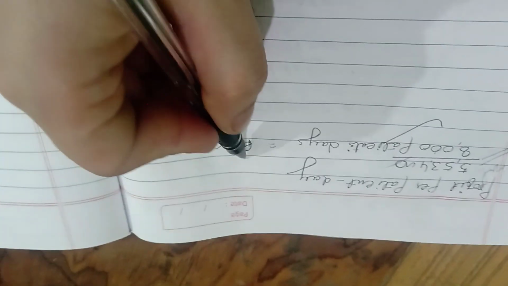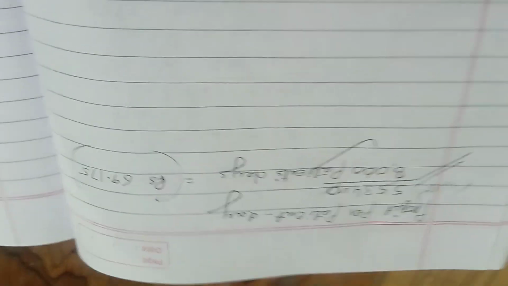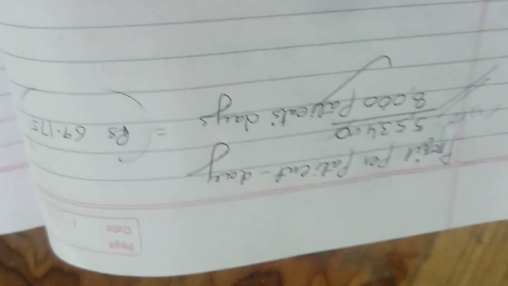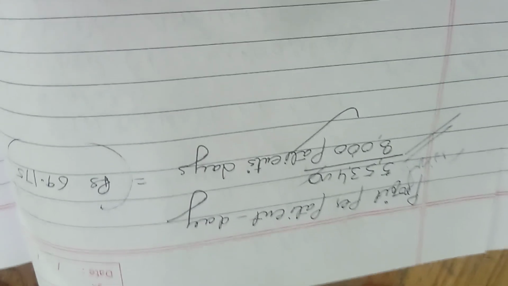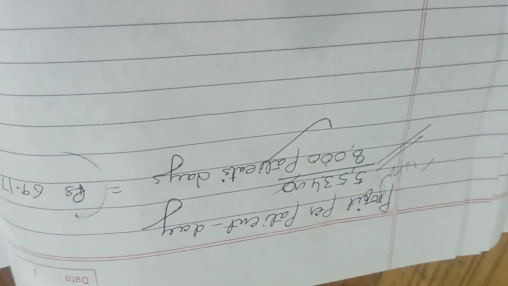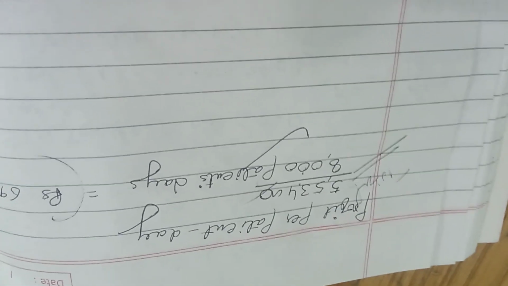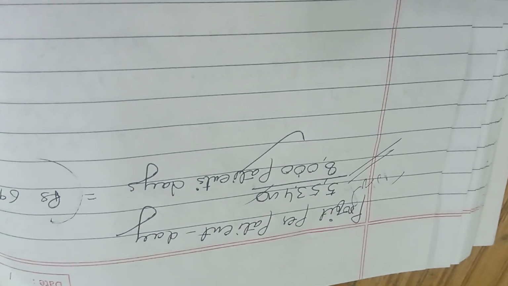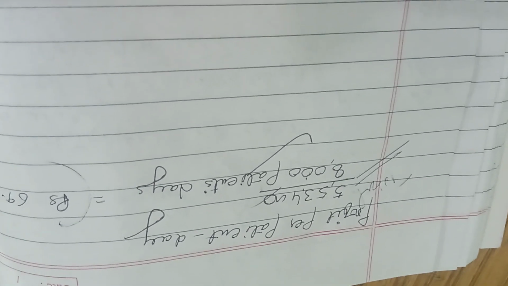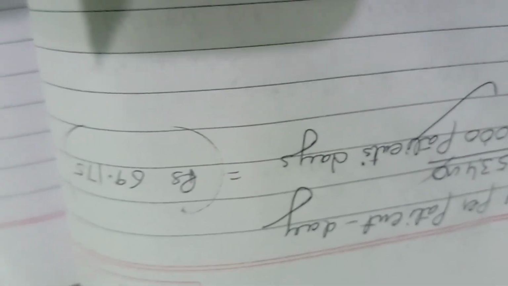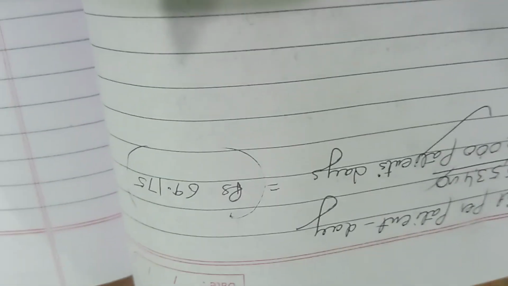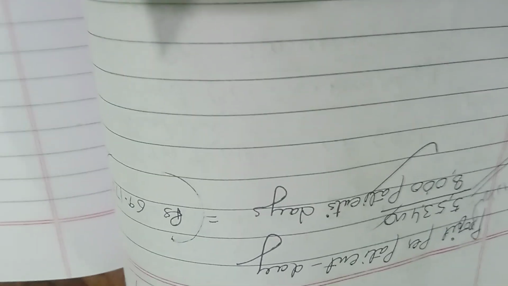So the answer is coming rupees 69.175 per patient day. Profit per patient day: the total 5,53,400 divided by 8,000, and the hospital is charging per patient rupees 69.175. Thank you.